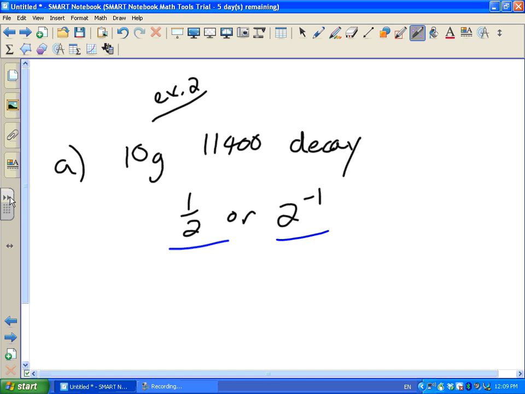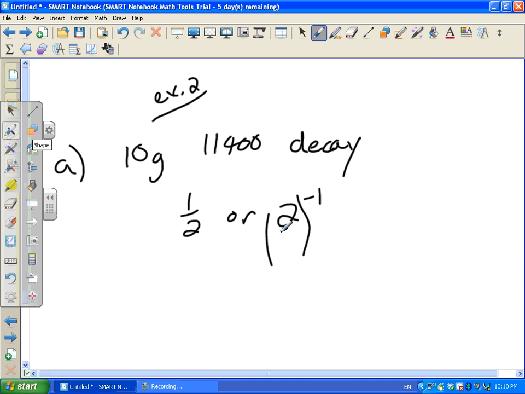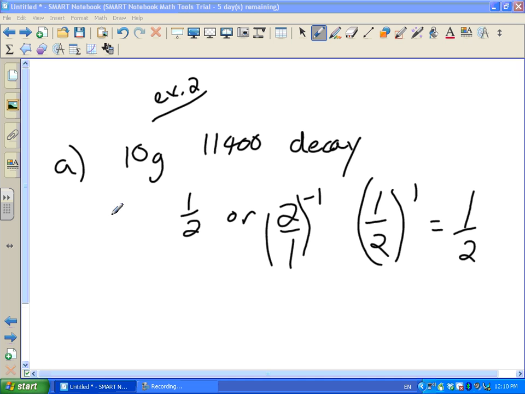No. If I want to make this exponent positive, it becomes 1 over 2 to the power of 1, which is just 1 over 2. So 2 to the negative 1 is also just a half. It doesn't really matter how we write this. We'll try solving it both ways.